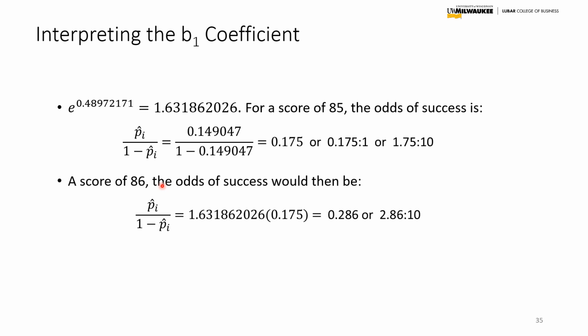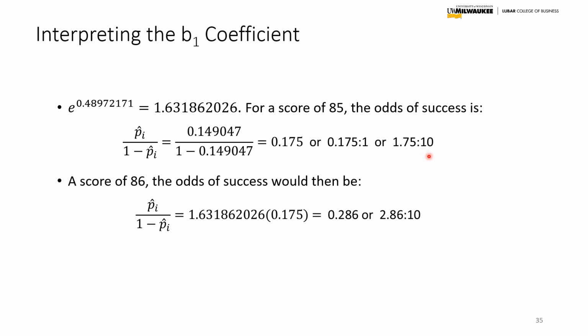So if we take that value over the predicted probability of non-success, we would find an odds ratio predicted to have value 0.175, which means 0.175 colon 1. The interpretation being for every 1 failure, there are 0.175 successes. It may be easier to move the decimal place over since odds can be interpreted proportionally.